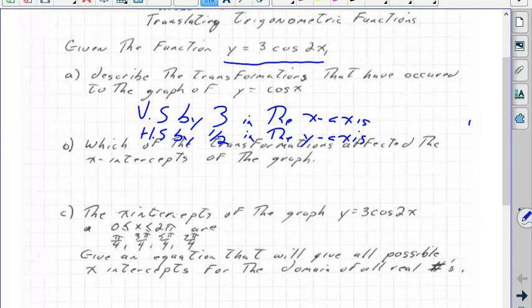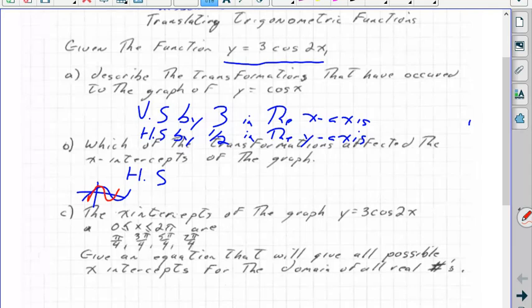Aaron? Would the vertical stretch affect the x-intercepts or the horizontal stretch? The horizontal stretch is going to affect the x-intercept. Because I have taken the graph that went like this, and now I have taken the graph and squished it like that.